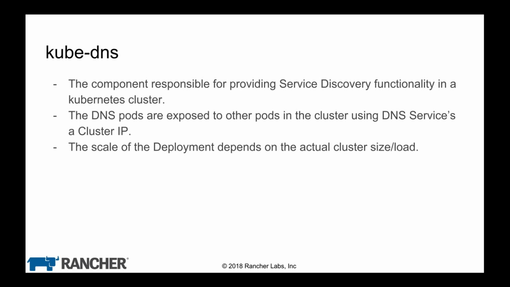But if they're across a different namespace, you just append the namespace name to the service name. So for example, if it is a web app in a namespace called ns1, you would just say webapp.ns1. And the default domain that is used in this DNS is cluster.local. Again, this is also configurable.